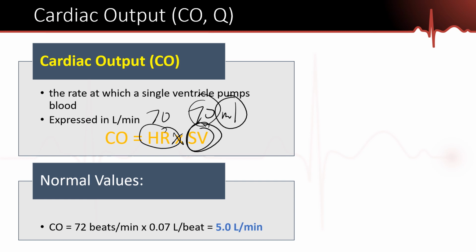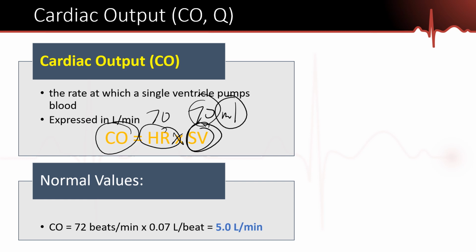If you know that the heart and thus the left ventricle are contracting 70 times in a minute, and you know that with each contraction, the left ventricle is pumping out 70 milliliters of blood, its stroke volume, then you just take heart rate, 70 beats per minute, times stroke volume, the amount of blood that's being pumped out with each contraction, 70 milliliters, and that will tell you cardiac output, right?